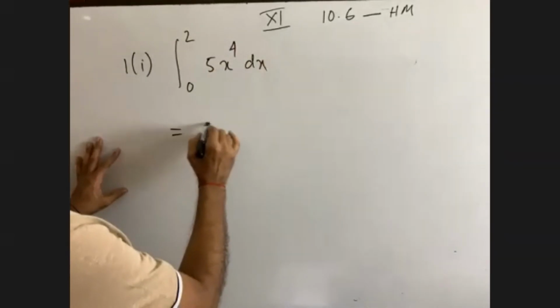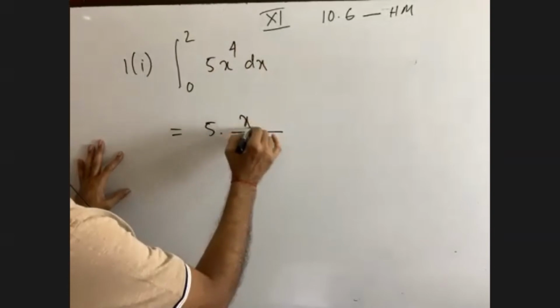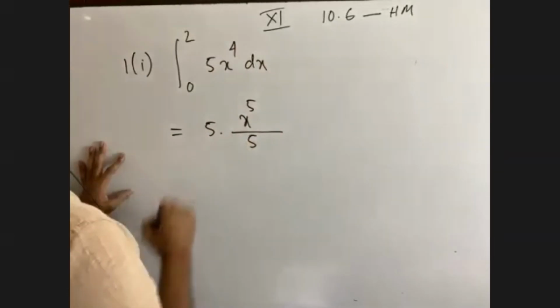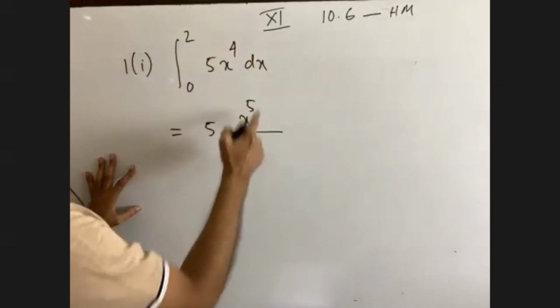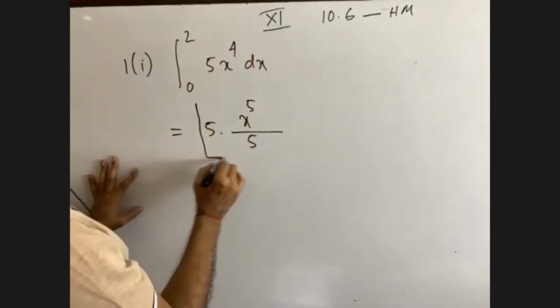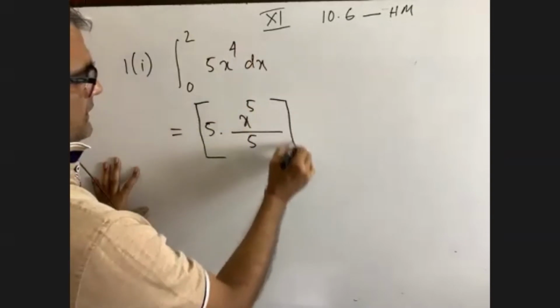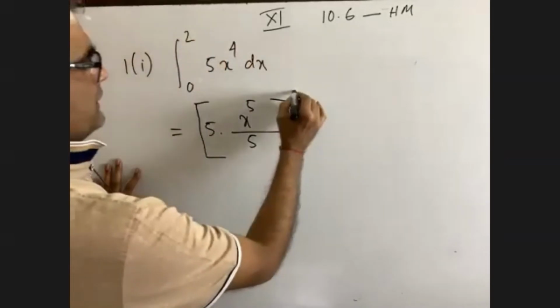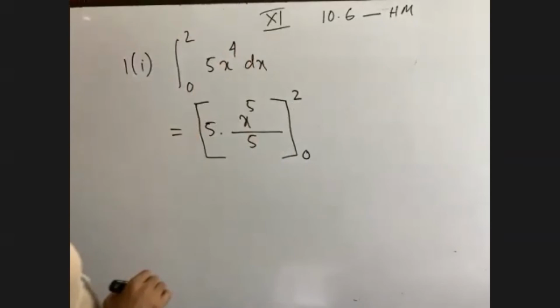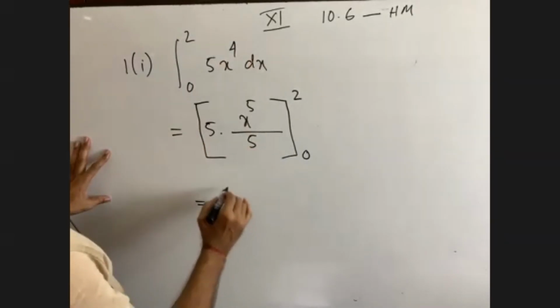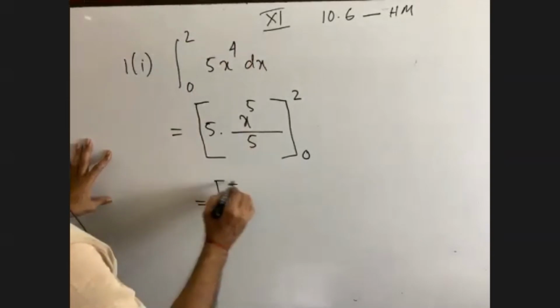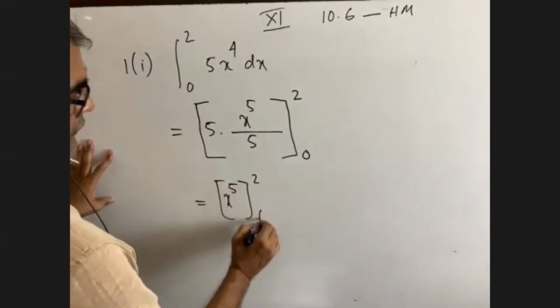It is 5 x to the power 5 by 5, right? This 5 is here, x to the power 4 plus 1. Now give third bracket, this is 2, this is 0. 5 will be omitted. So we are left with x to the power 5 in third bracket, from 2 to 0.